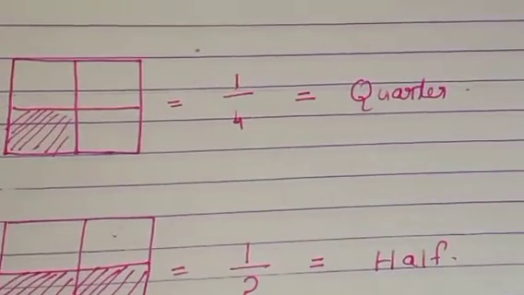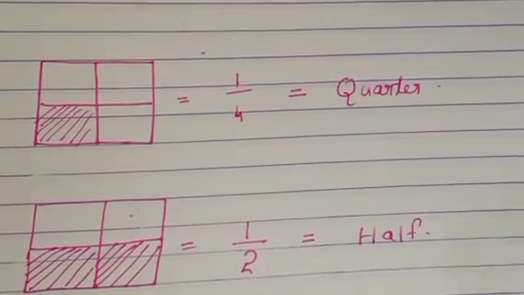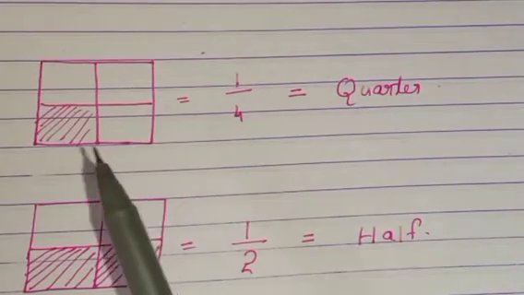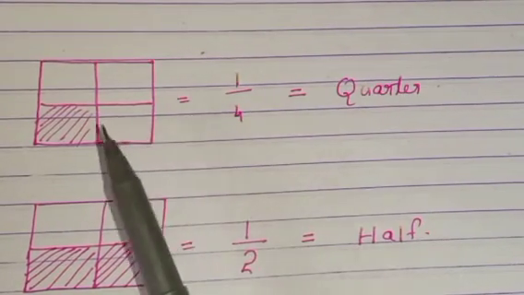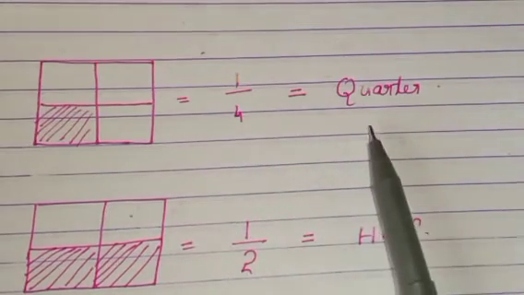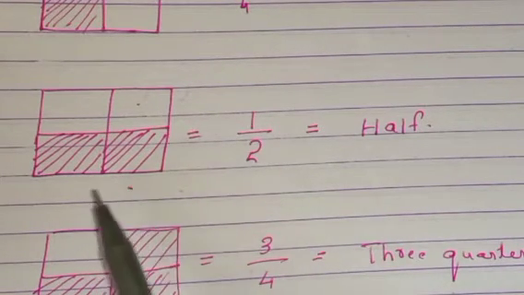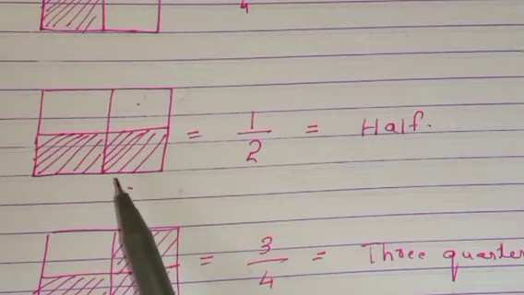Next, this is one square. The square is divided into 4 parts and one part is shaded. We studied this 1 by 4, otherwise we can call it a quarter. Next, the square is divided into 4 parts and 2 portions are shaded.